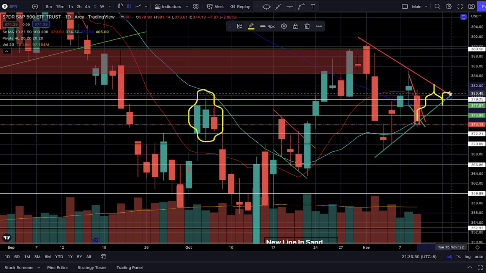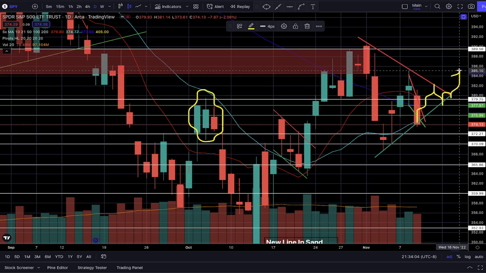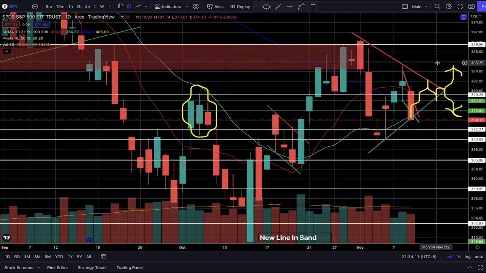And as we're getting very close to this converging point between these two trend lines, one is the descending level of resistance and one is an ascending level of support, we can see a potential breakout to the upside or one to the downside. So that is your analysis for SPY for the rest of this week.